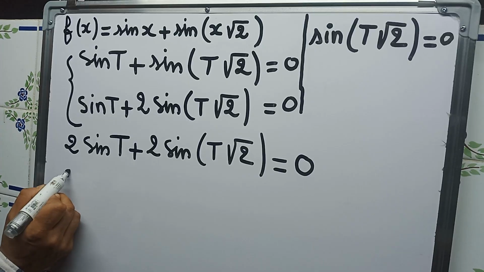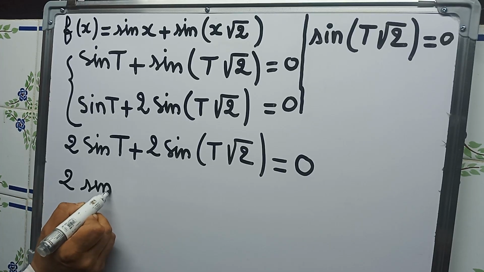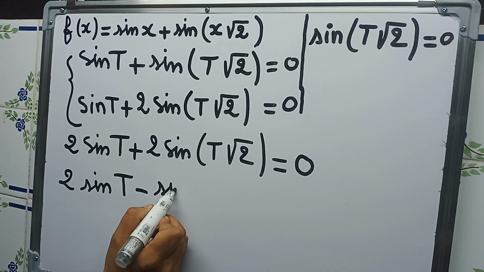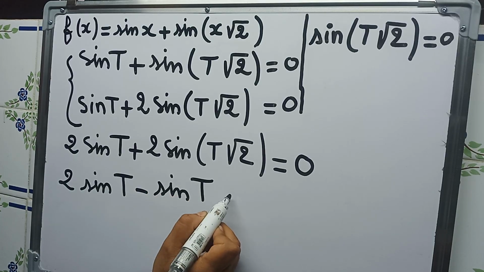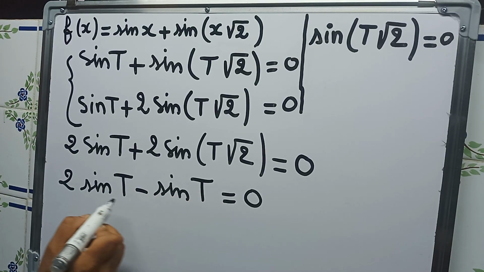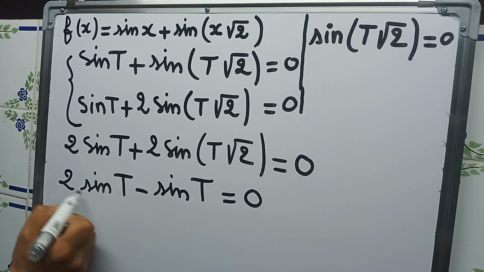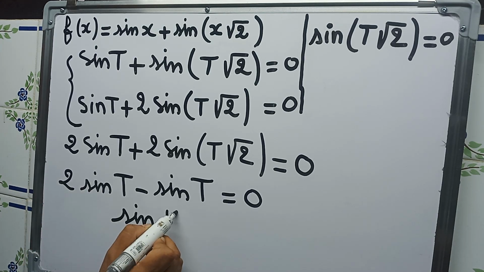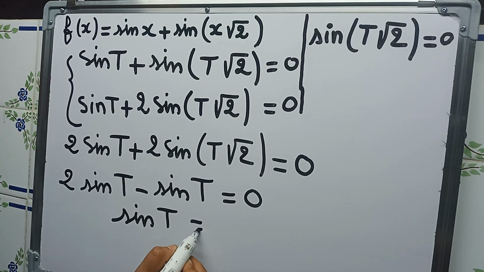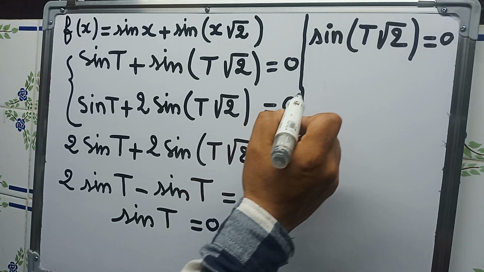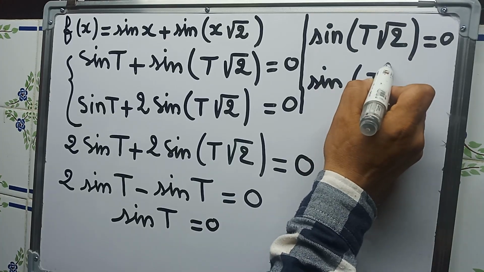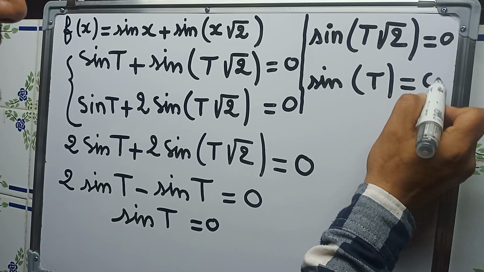We will have 2 sine of t minus sine of t is equal to 0. Of course, 2 sine of t minus sine of t is just sine of t. So we have sine of t is equal to 0.